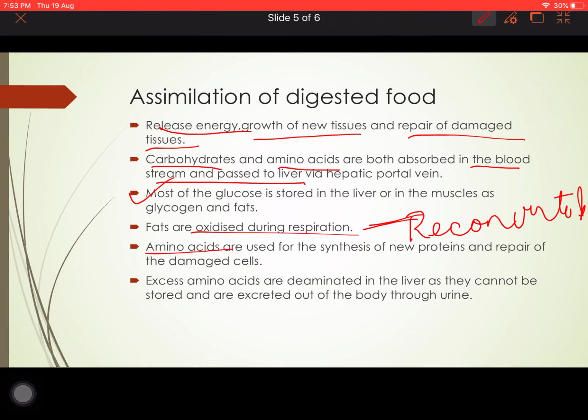So amino acids, which are used for the synthesis of new proteins and repair of damaged cells, are deaminated in the liver as they cannot be stored in our body, so they are excreted out through urine. So this is the main form of assimilation of digested food.